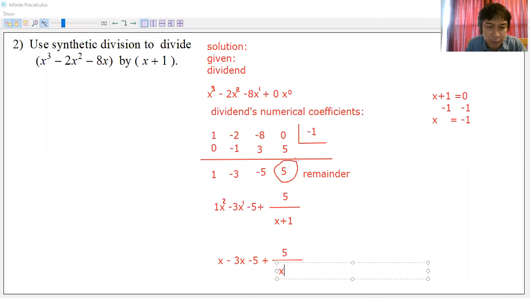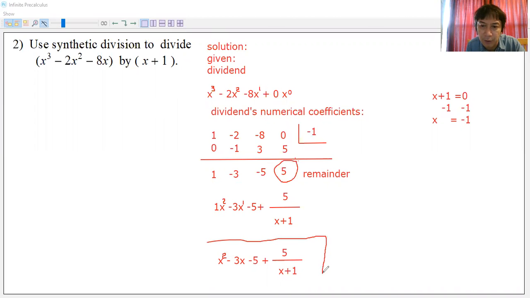You don't usually write the coefficient 1, it's just to show you that number 1 is the coefficient of x squared. So this is how you represent the answer.